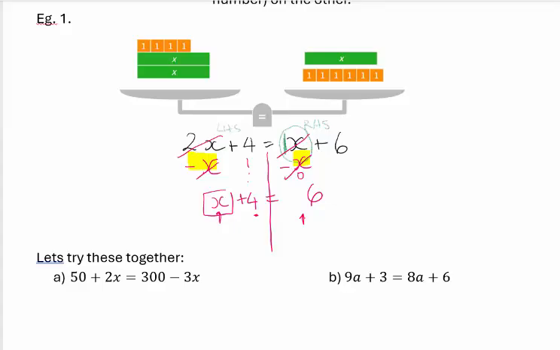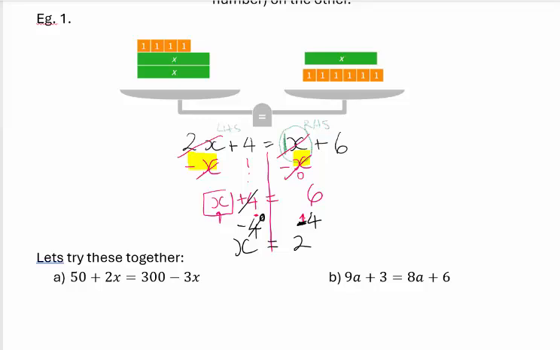The opposite to adding 4 is taking 4. So if I take 4 from this side, I must take 4 from the right-hand side. Write down what's left. X is left on this side because positive 4 take 4 is 0, but we don't write that down. 6 take 4 is 2.